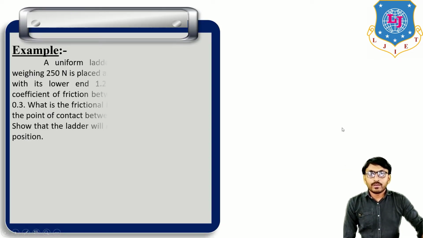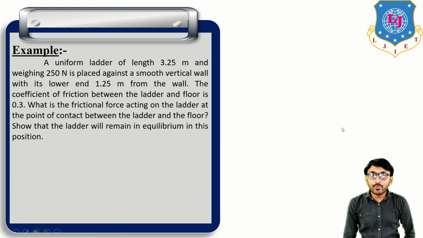So, example, a uniform ladder. This is an example of ladder friction. A uniform ladder of length 3.25 meter and weight 250 Newton is placed against a smooth vertical wall, with its lower end 1.25 meter from the wall.